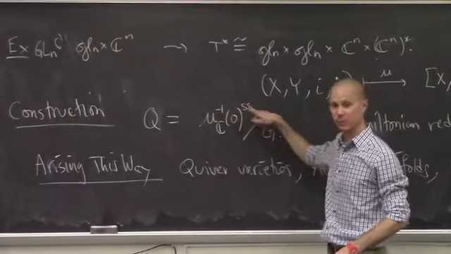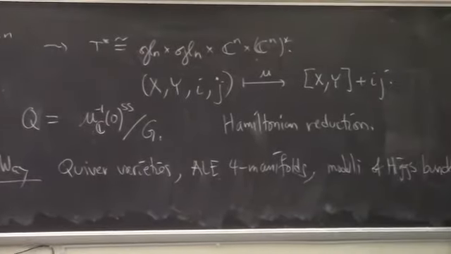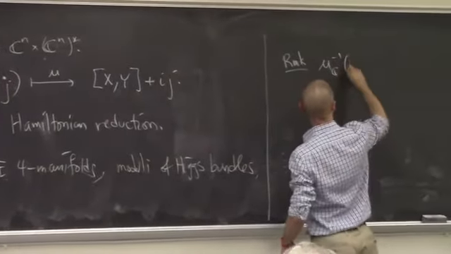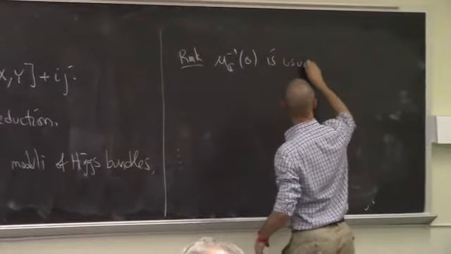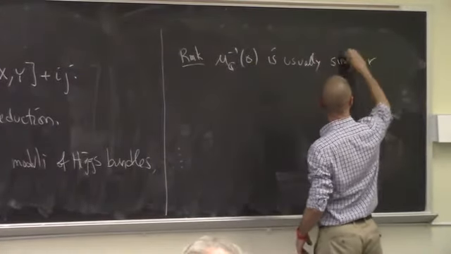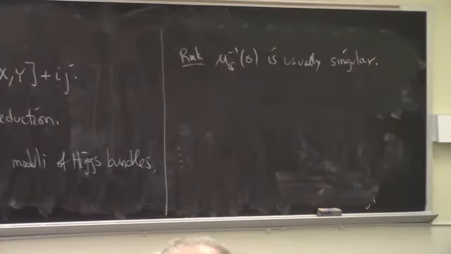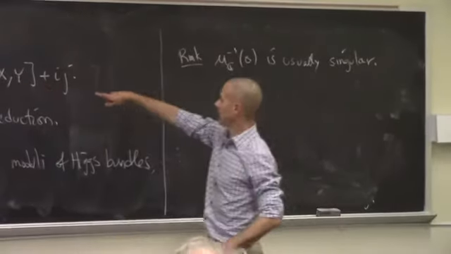Even if I'm ending up with something that's smooth, this mu_C inverse of 0 is usually singular. Usually just means that in most interesting examples it turns out to be singular. Look at our example here.